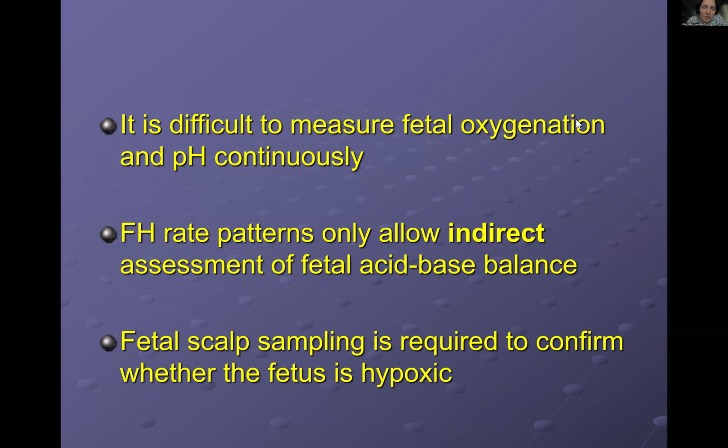Therefore, CTG is used because the fetal heart rate, which is measured by the CTG, will indirectly assess the fetal acid-base balance, which of course is dependent on the fetal oxygenation.